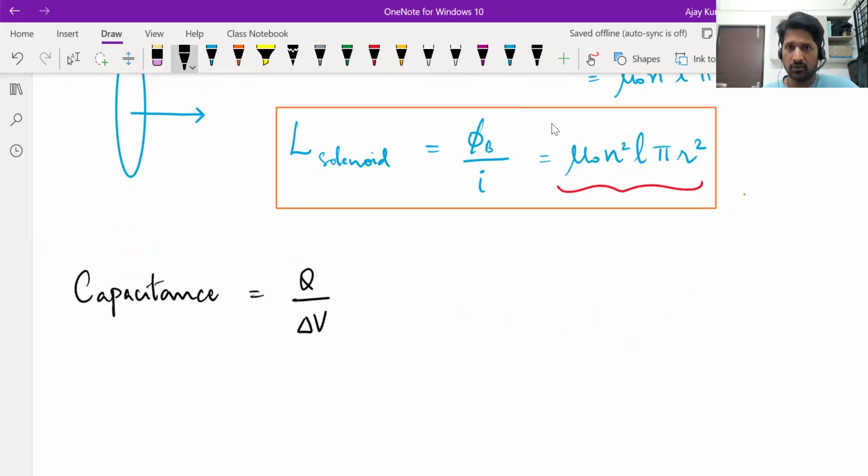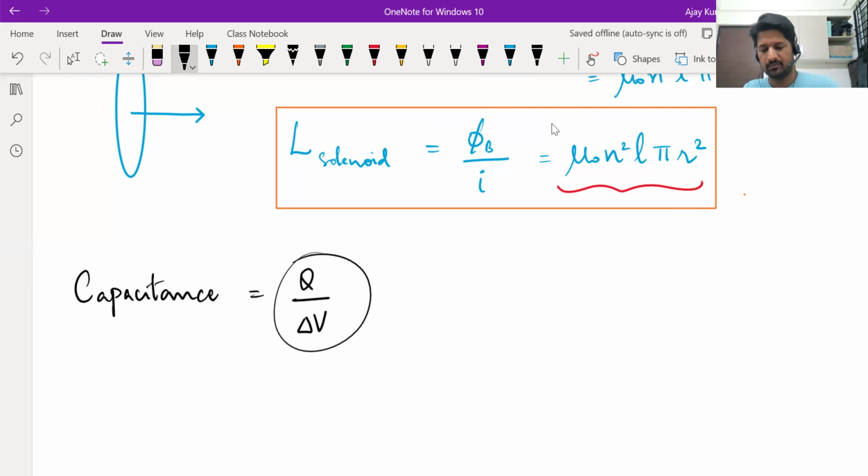Those two are proportional to each other. It's like in inductance, when current increases, flux increases proportionately. Their ratio is inductance and it is independent of current. Capacitance also, when charge on the plates increases, the potential difference between them increases, but the ratio will be fixed. Can one of you tell me on what factors this ratio depends?